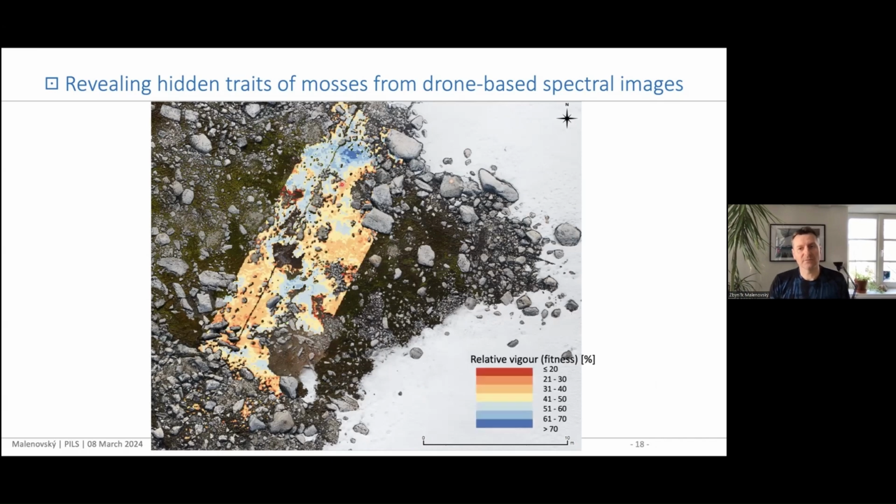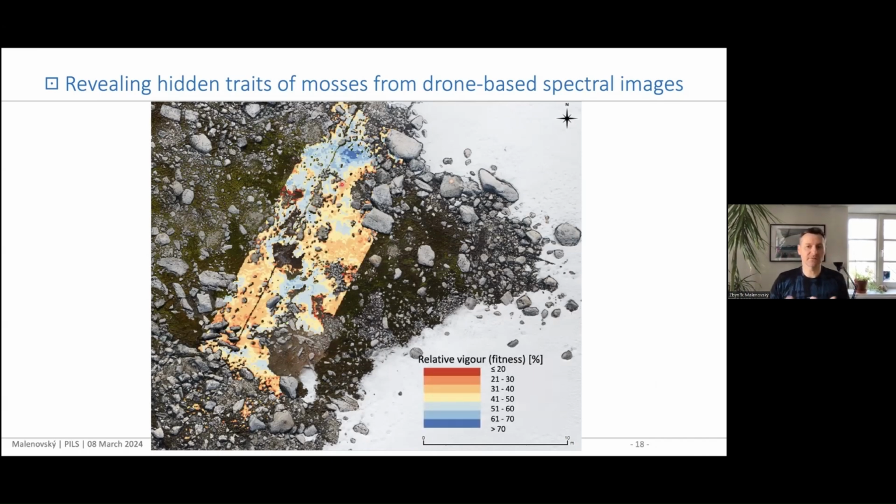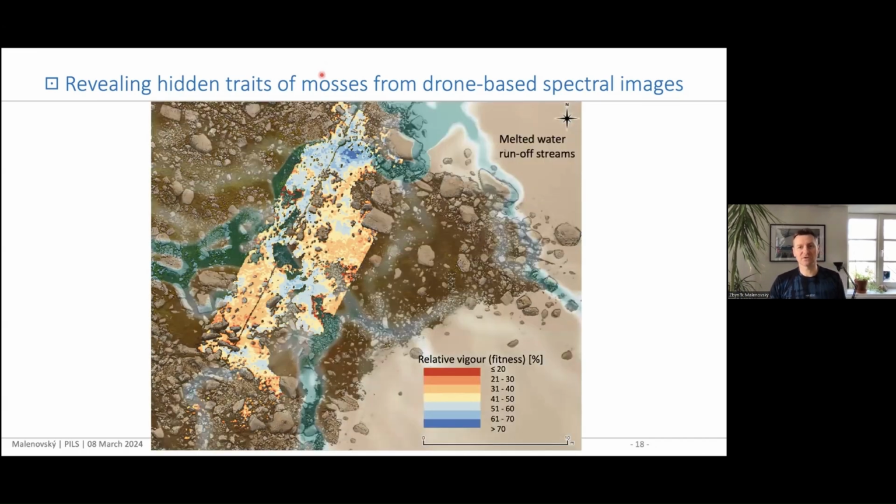And then we combine them in a relative health index, as we call it, which is somehow easier to interpret. And you see the parts of the moss beds which were pretty healthy, the blue parts, and which were quite stressed are the warm colors. When we overlaid over this map the melted water runoff streams, we could see that really the healthy parts are sitting on the basically discharged streams from that area.